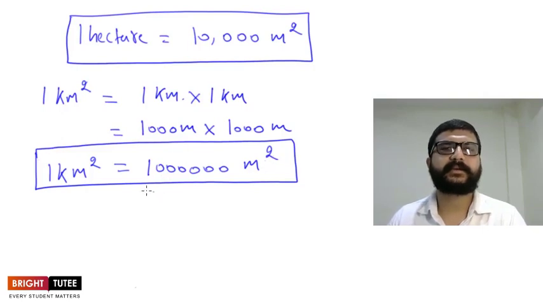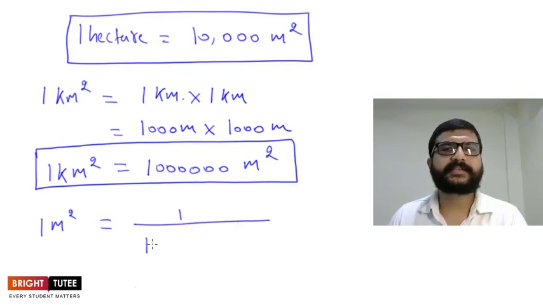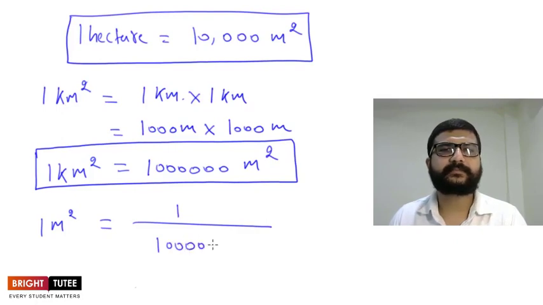Now can we convert square meters to square kilometers? Yes, we can do that also. So 1 square meter will be equal to 1 upon 1 followed by 6 zeros square kilometer.